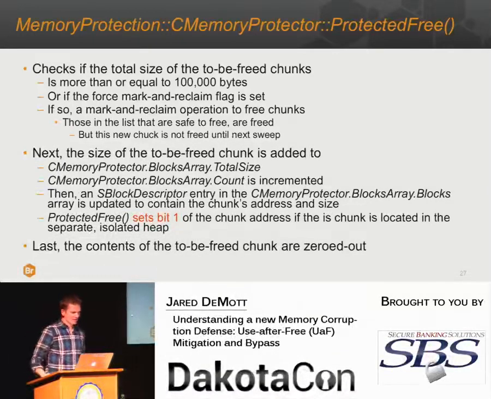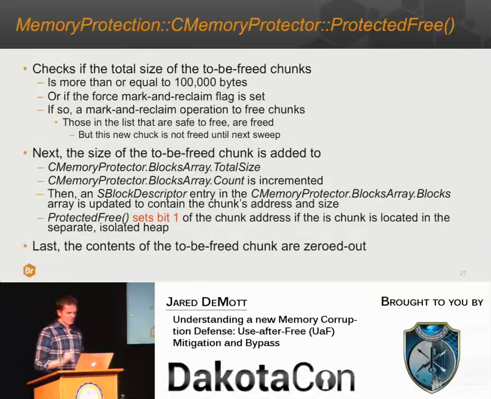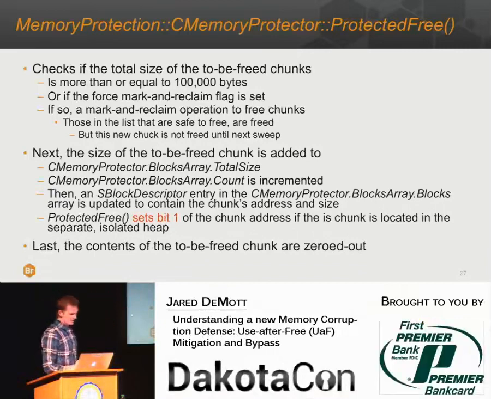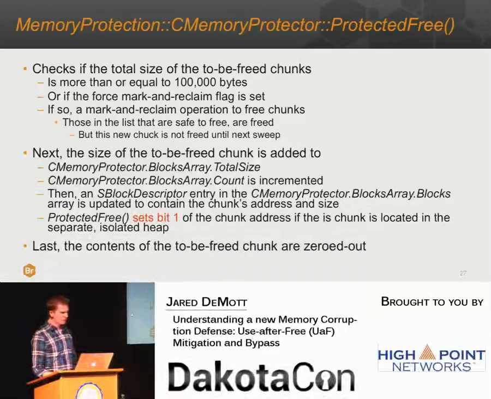Or if this mark and reclaim flag is set, or let's see, try to remember. I got a lot of notes on this one. Basically, when you free an object, it'll look through this list, add it to the total size, add it to the count of the things in the list, but it won't ever try to free the one you just added now. There needs to be another sweep for that to happen. And if it's an isolated chunk, bit 1 will be set.